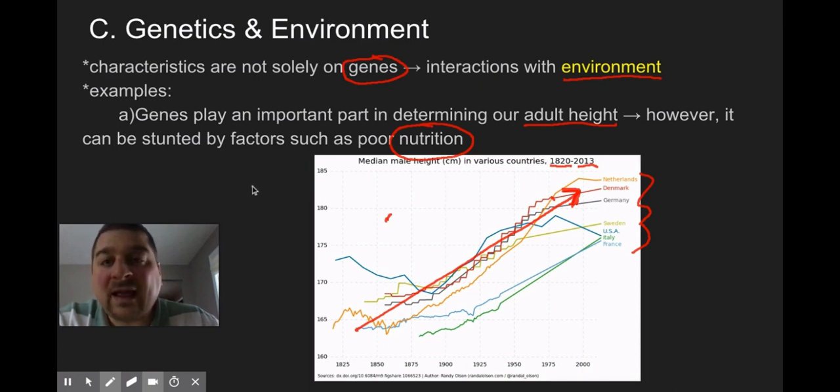He was about average height, maybe an inch or two shorter, but being 5'5" back then was around average versus the 6 foot tall that you would think of as the average male in the world today. So some interesting things about how environment has played in along with genes to determine the actual phenotype that shows up.